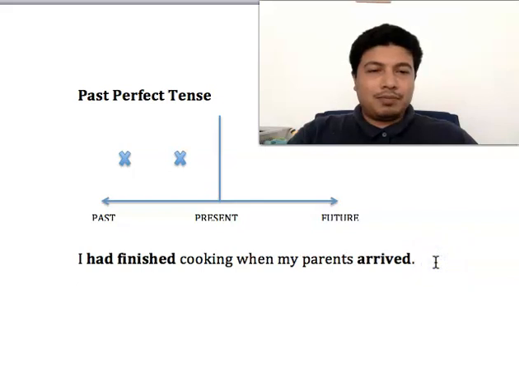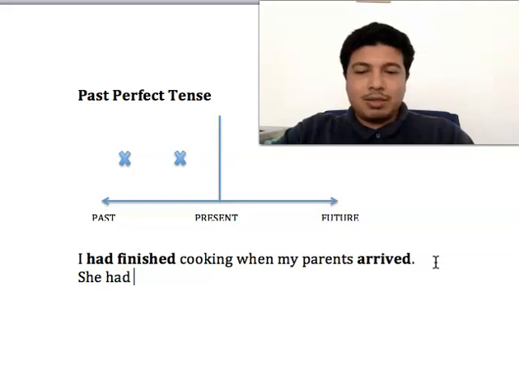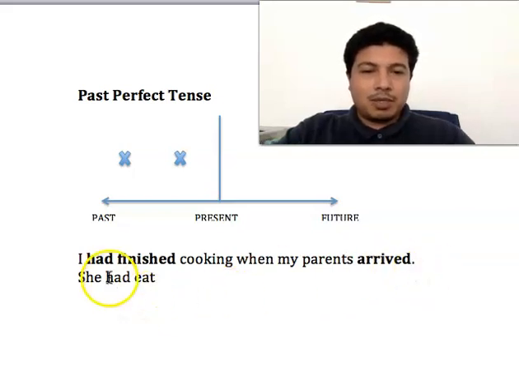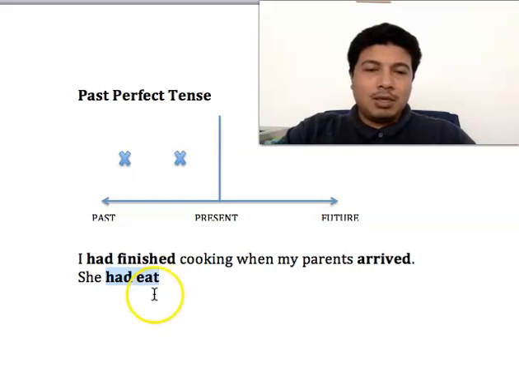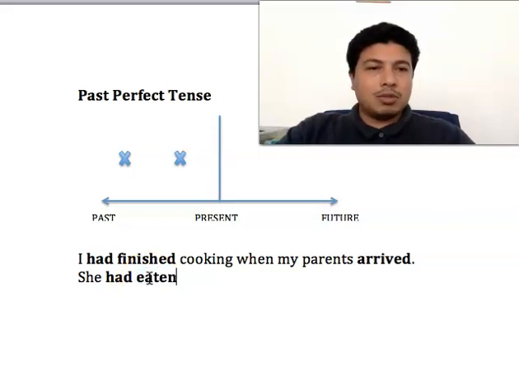For example, she had eaten. For the past participle, when you say eat, the past tense is ate and the participle is eaten. The same goes for drive, drove, and driven. So she had driven. She had forgiven. So you take the third form. That is the participle. But if you have ed or d, it is the same as the second form.